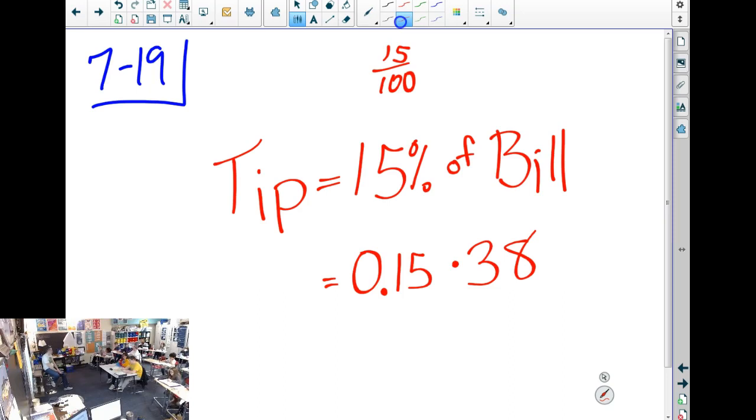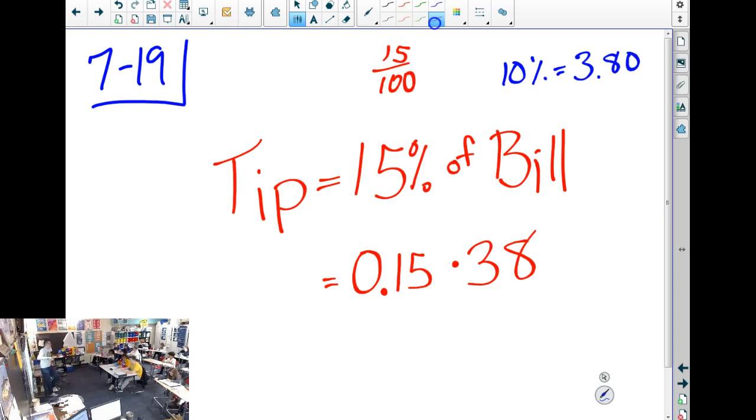If I try to think through easy ways, I could do 10% of this, and then another 5%. So if we take the Ethan method that he told us a few problems ago, 10% just bumps the decimal. So here, 10% is how much? 3.80.